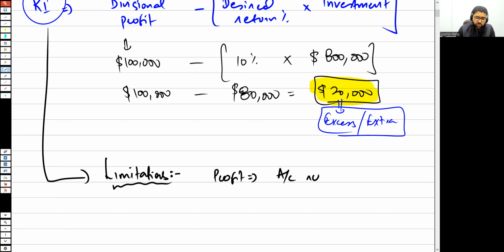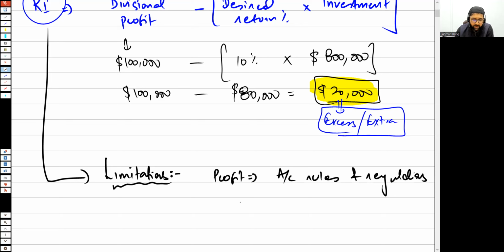The accounting rules and regulations differ, and the resulting impact of this is that the profit does not actually reflect the actual performance of the organization.